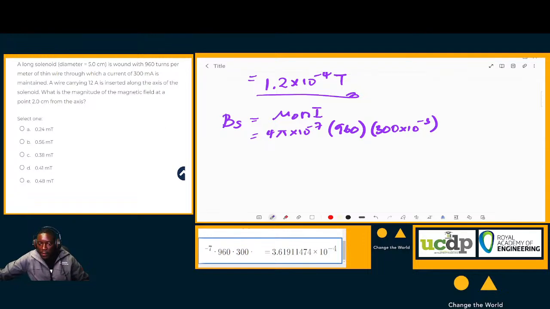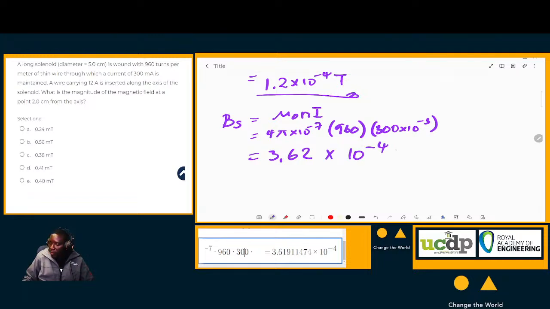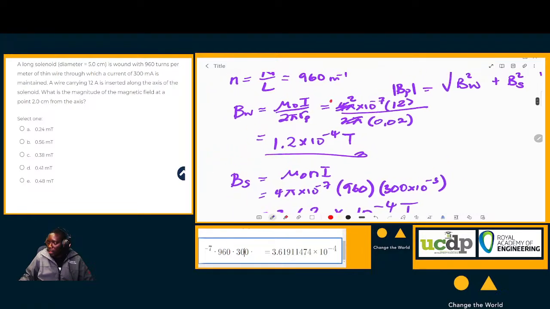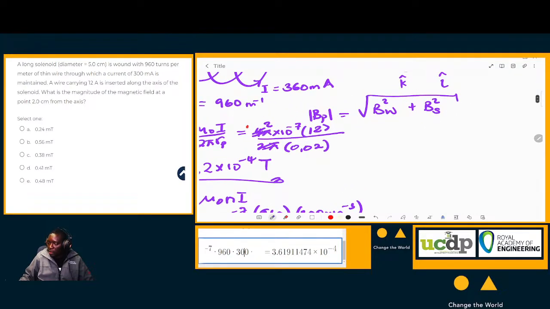300 milliamps. 3.62, so that's 3.62 times 10 to the negative 4 Tesla. So we have those two values, and now we combine them according to our equation, which is this one.